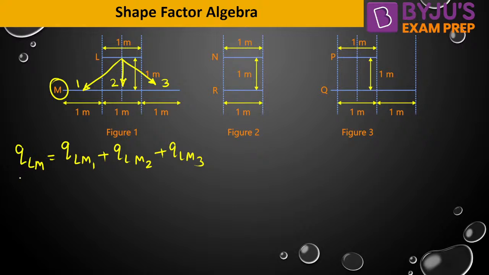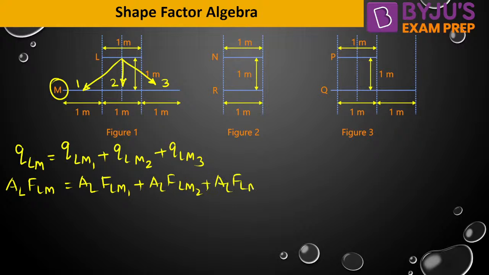So Q LM can be written as AL into FLM, is equal to AL FLM1 plus AL FLM2 plus AL FLM3, isn't it? So area will get cancelled out from everywhere. So FLM can be written as the sum of FLM1 plus FLM2 plus FLM3. That is called the superposition principle. And again, from the symmetry principle, can we say these two are equal?